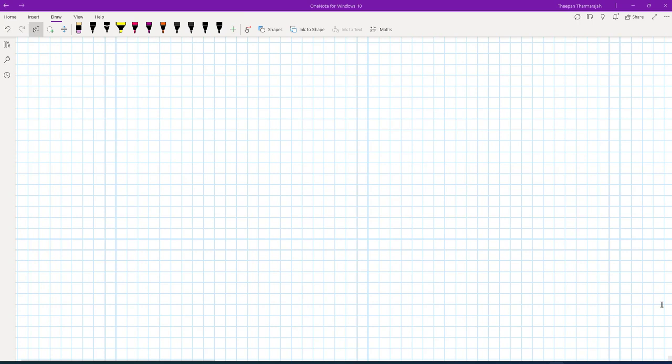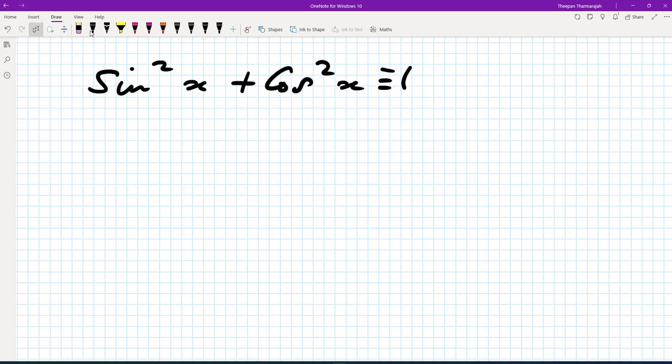So we also mentioned there's some other identities that we need to be familiar with for trigonometry. So we're going to stick with what we know already in trigonometry, that sine squared x plus cos squared x is identical to 1. Divide this by sine squared x throughout.